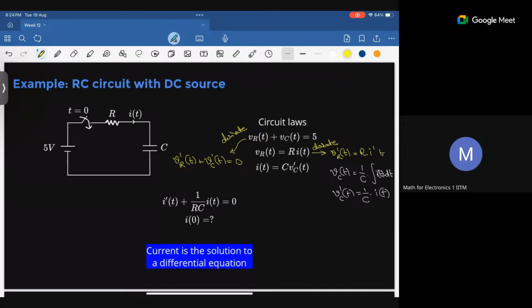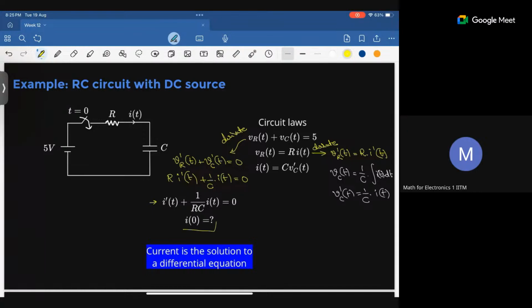So instead of VR prime of t, we replace it with R I prime of t, plus VC prime of t, which is nothing but 1 by C I of t from the third equation, equals 0. Then you divide the whole equation by R, and we get I prime of t plus 1 by RC times I of t equals 0.